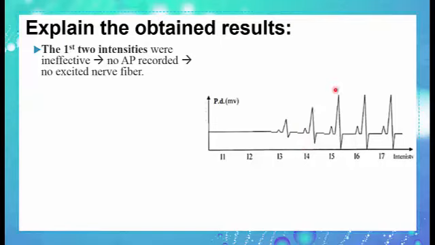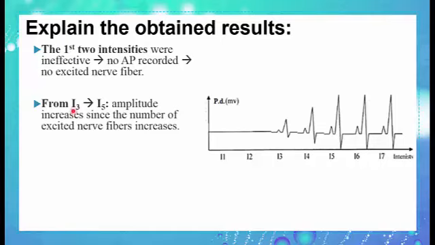While at I5, the 10 nerve fibers, all nerve fibers constituting this nerve, were excited, so the amplitude is maximum. At I6 we continue increasing the intensity, but all nerve fibers are already excited. So if we increase the intensity, the amplitude will remain constant.